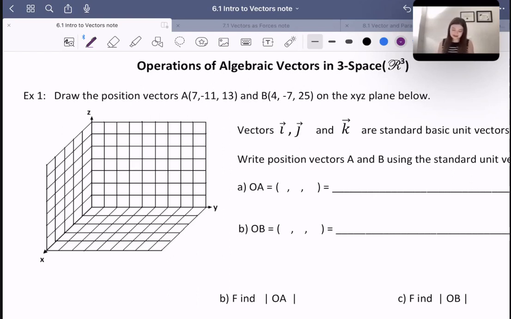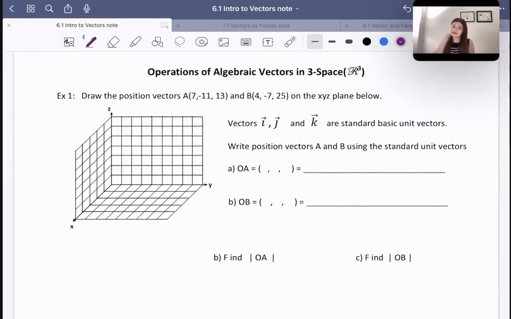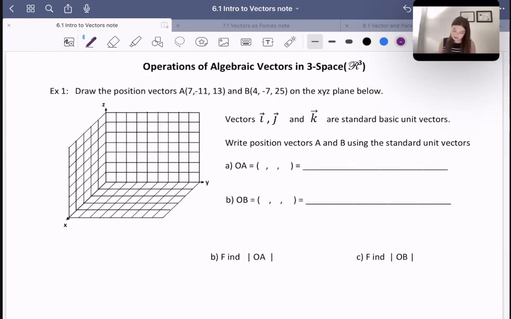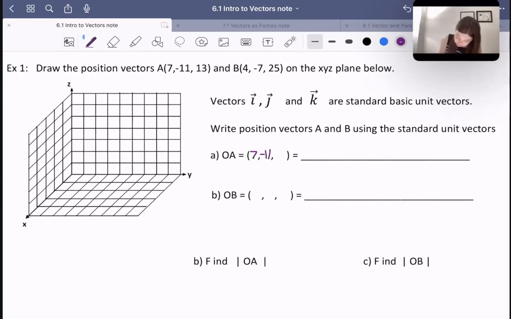So let's continue on. Let's ignore where it says to draw them and just focus on writing our position vectors properly. So for OA, we have 7, -11, and 13, which means that we have 7i minus 11j plus 13k.